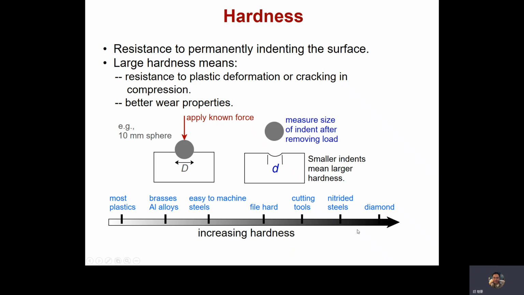If a mechanic asks you whether he can use a steel knife to cut or machine an aluminum tube, as an engineer or scientist, of course you will know that it is impossible, right? You have to tell him you cannot do that because the hardness of the tool is much lower.